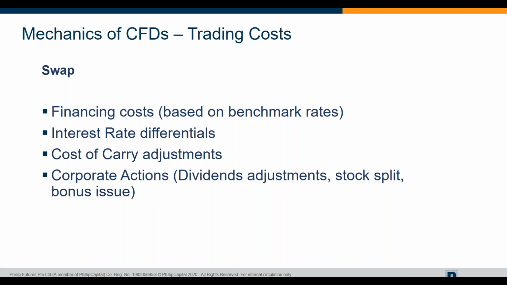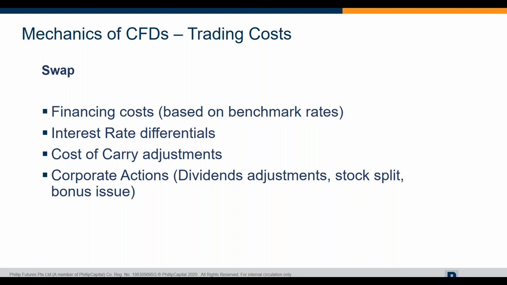We shared earlier, going back to the share CFD example, that you are just trading the price difference while you do not hold any underlying asset. So what happens when the underlying asset issues a dividend, or a bonus share? One good thing about CFD is that you are also entitled to these corporate actions.